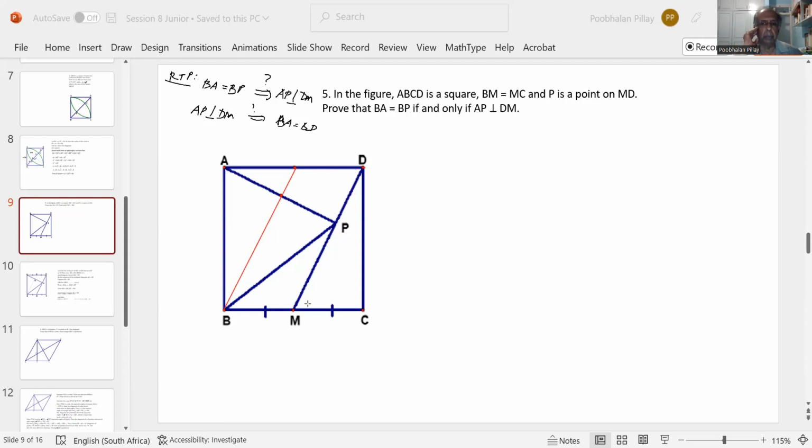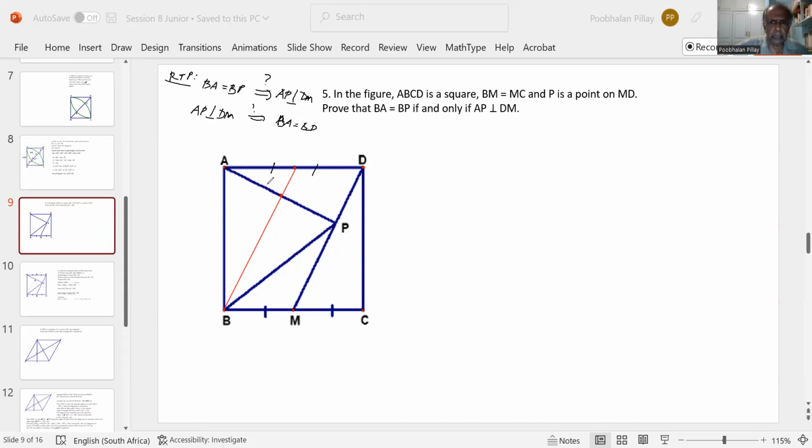This D was joined to the midpoint here. Now you take B and you join it to the midpoint there. So you do the same thing on the other side, as it were. And this time you know that these are equal. So you join B to that and stop there.